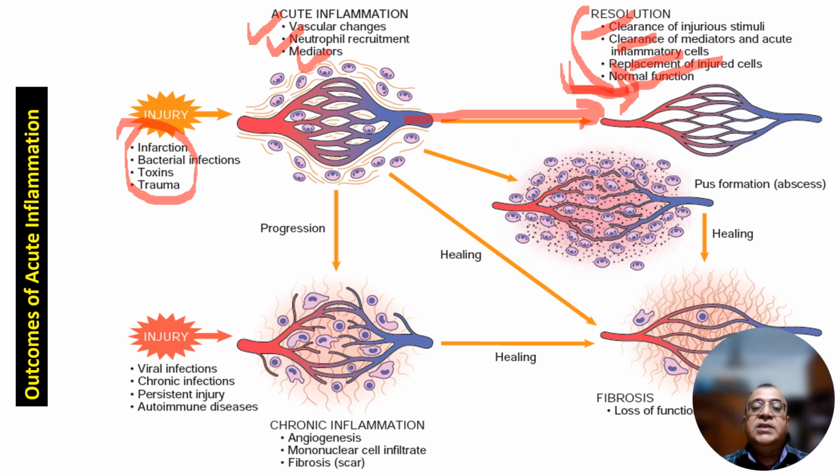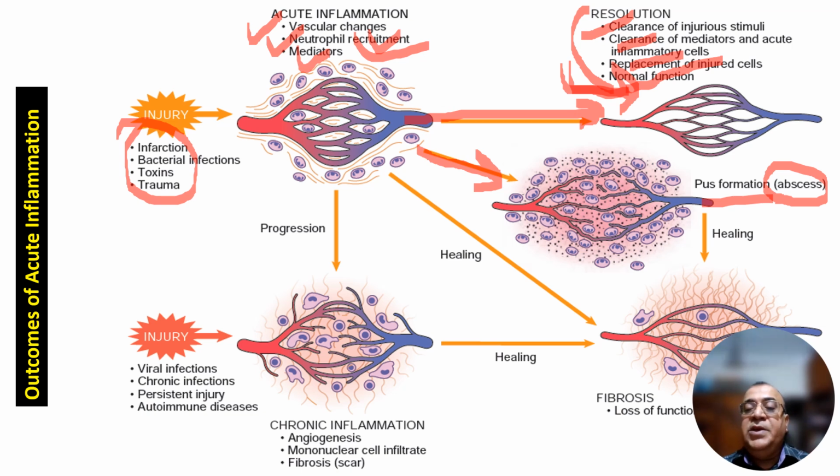Or if the injury and inflammation undergo liquefactive necrosis, it may result in pus formation that is seen as an abscess. A localized collection of pus in a cavity that is lined by a pyogenic membrane is called an abscess.